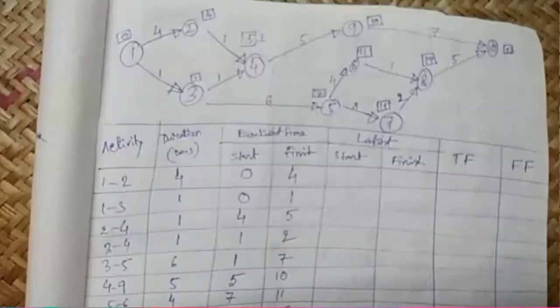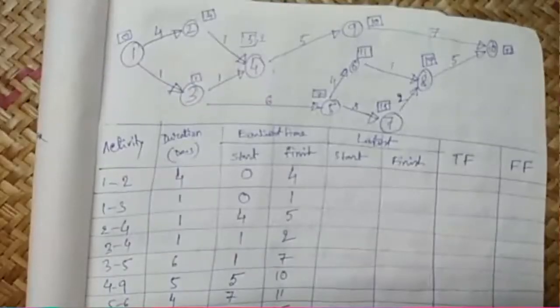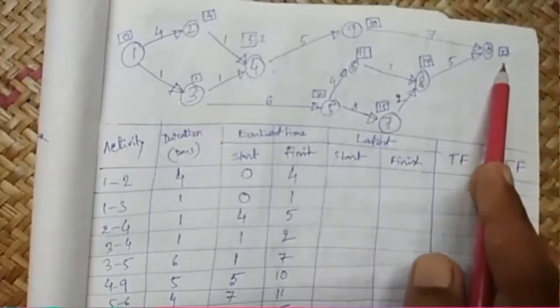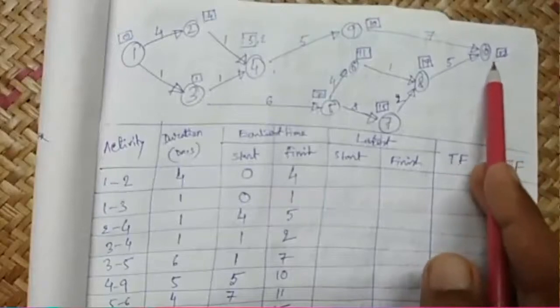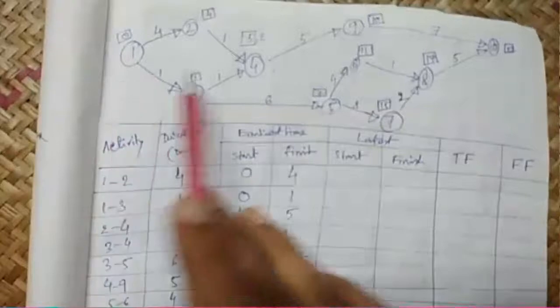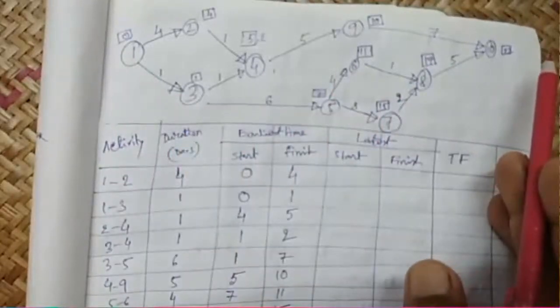And 9 10 takes 10 plus 7, 17. So between 17 and 22, 22 is the highest. So 22 will be the project duration on forward pass calculation.